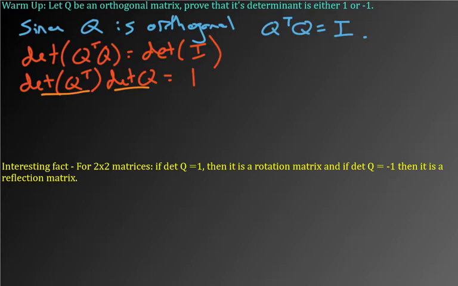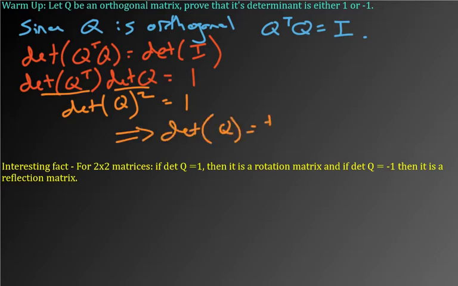So really this is saying the determinant of Q squared is 1, right? And so this implies the determinant of Q is equal to plus or minus 1, which does it. So pretty much just straightforward determinant properties to do that one.